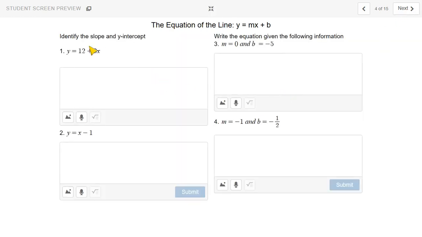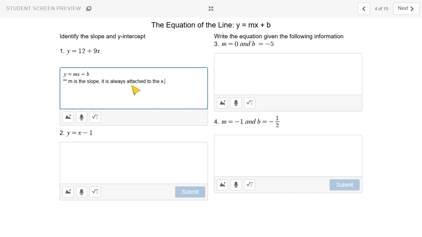Okay, a few more examples. Let's identify the slope and the y-intercept. So just a reminder, y is equal to mx plus b. This is our original equation. M is the slope. M is always attached to the x. So M is the coefficient of x.